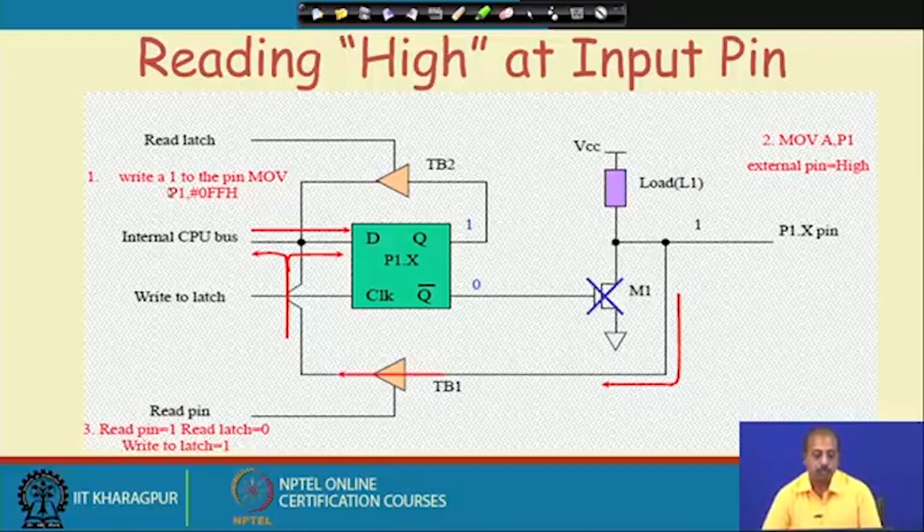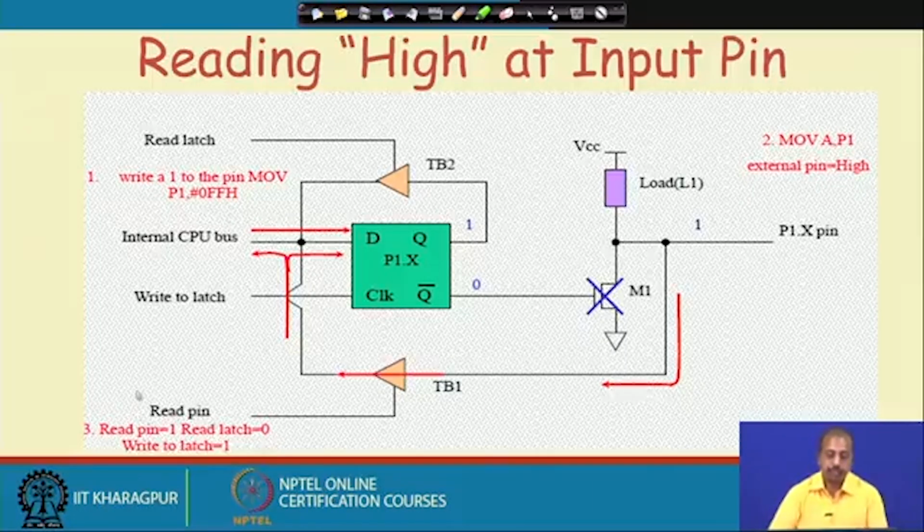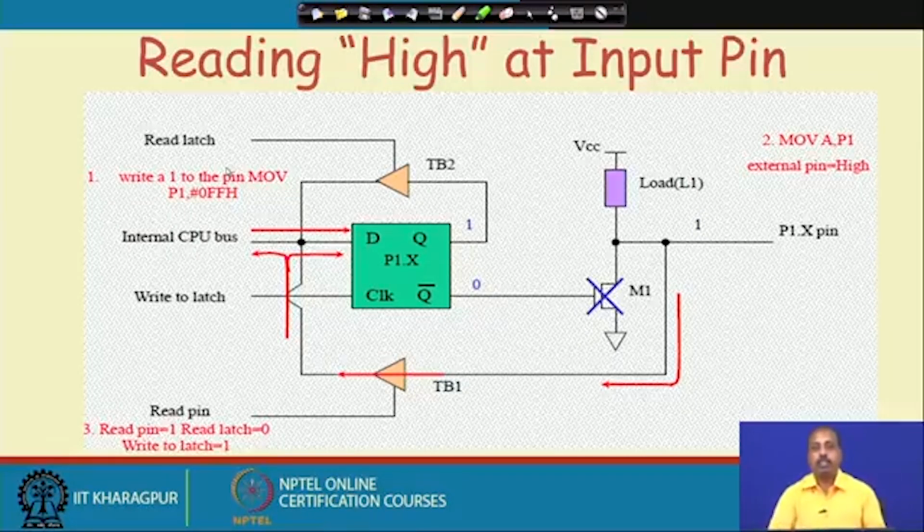When you do MOV A, P1, the external pin will become high and then you can get the value of this port onto the A register. Otherwise, this will not happen. So any time you are trying to read the content of a port, first you write 1 to the port. It may be to the bit or maybe to the entire port depending upon your application, but that has to be done.